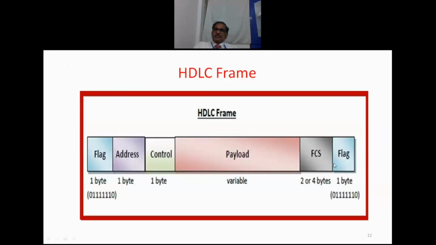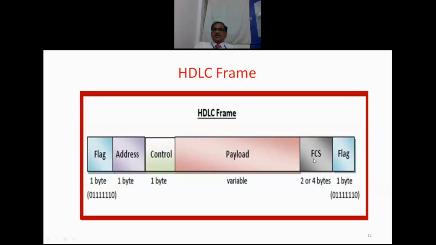The next field is the frame check sequence, FCS. Already in the previous classes we have discussed the CRC mechanism. That CRC byte is used as the frame check sequence. The same thing is stored here.